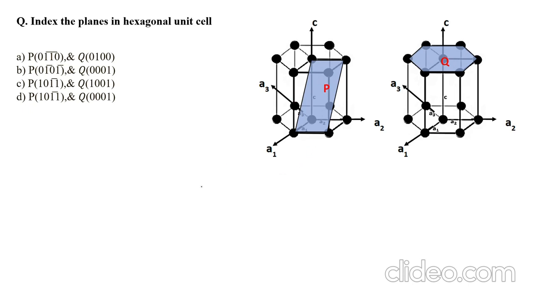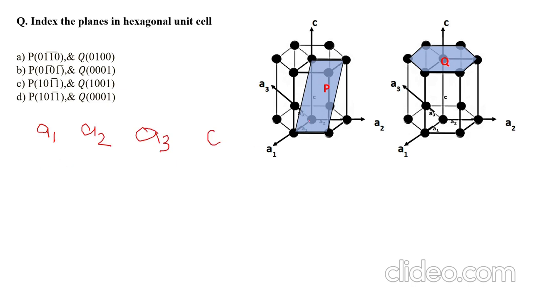You have to find the intercepts of each plane. For the P plane, you have to find the intercepts for A1, A2, A3, and C. Can you tell me what the intercept for A1 is?